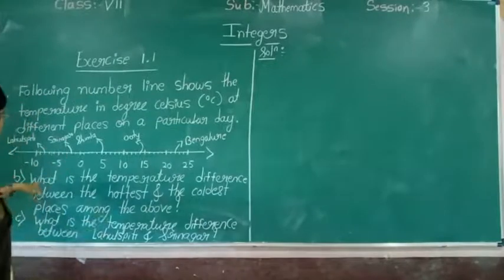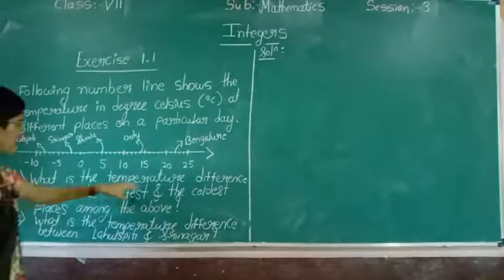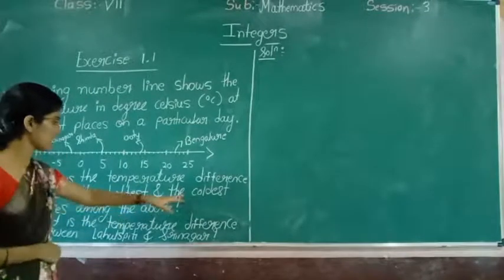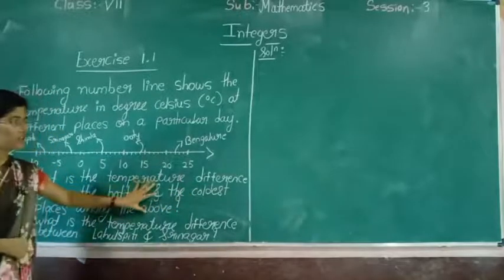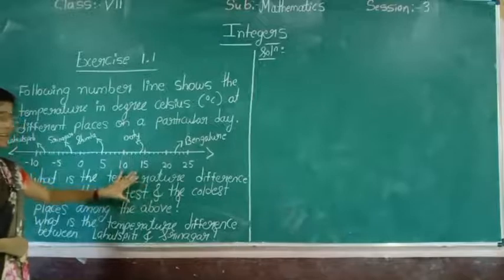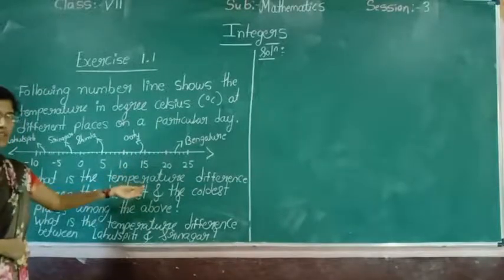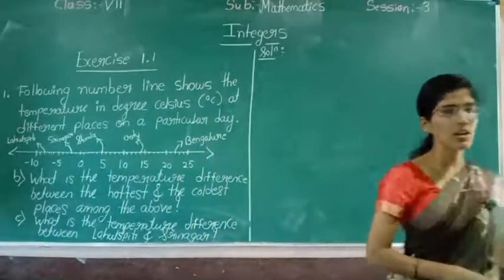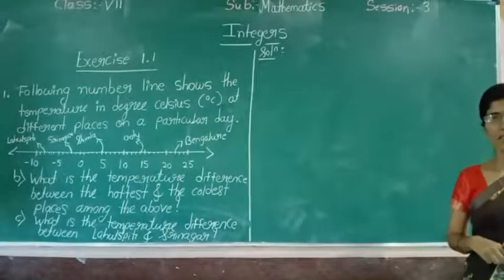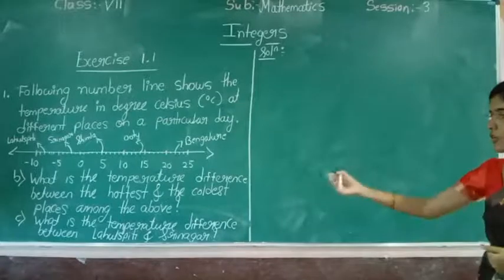In question B, we will see what is the temperature difference between the hottest and the coldest places among the above. We know that the place with the higher value is the hottest place, and the place with the lowest temperature is the coldest place.